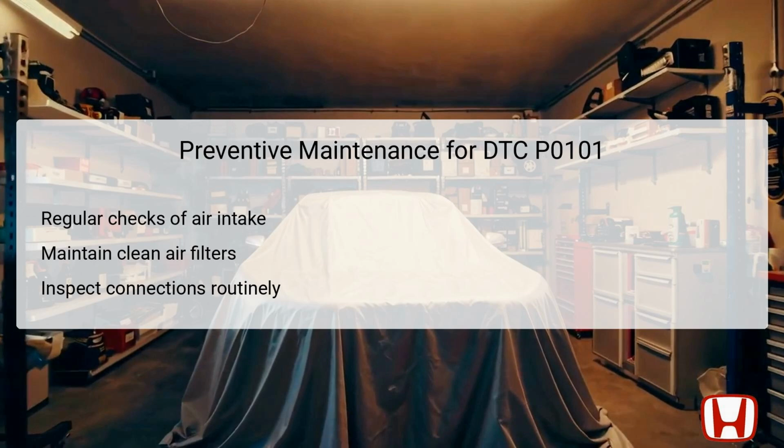Additionally, routinely inspecting all connections related to the MAF and IAT sensors will help identify any potential issues before they become significant problems. Implementing these preventive measures will promote reliable vehicle operation and engine performance.